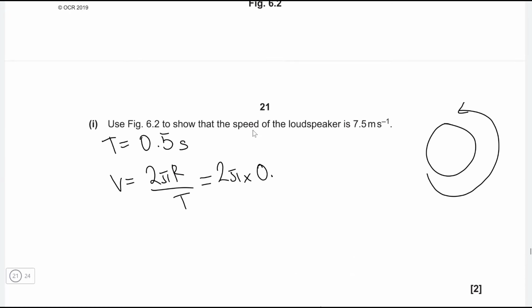So 2 pi times 0.6, divide that by 0.5. And if we put that into a calculator, we're going to get about 7.54, which is about 7.5 meters per second, up to two significant figures.